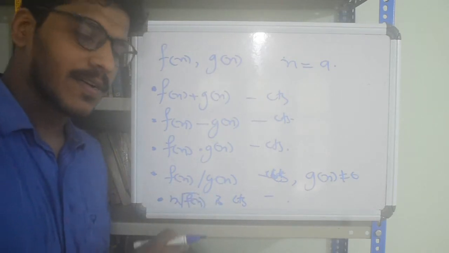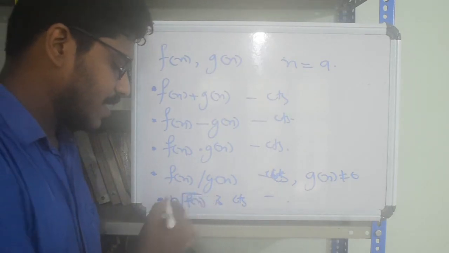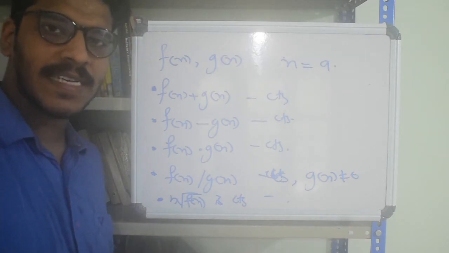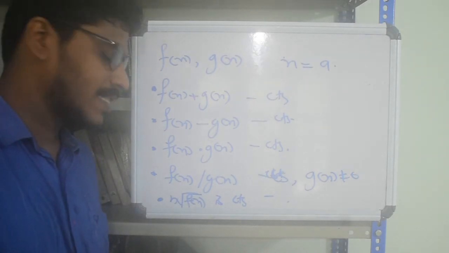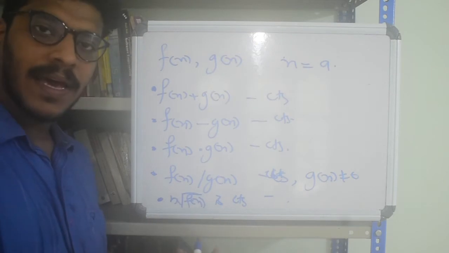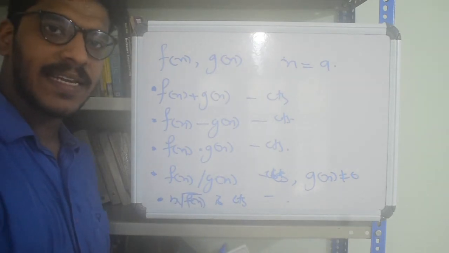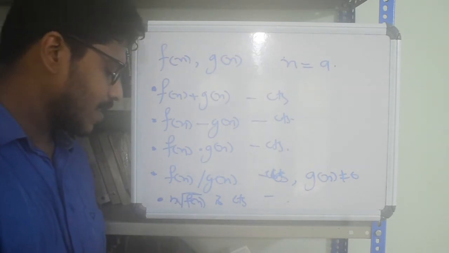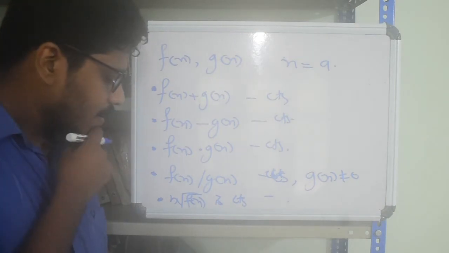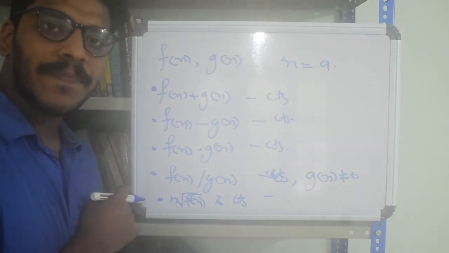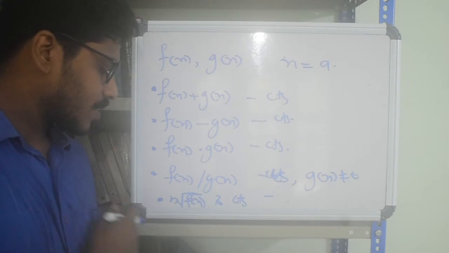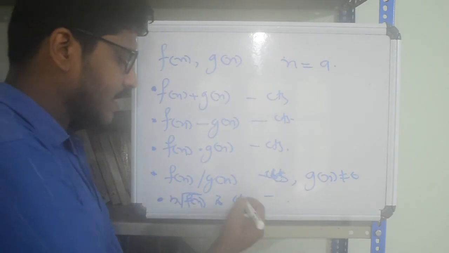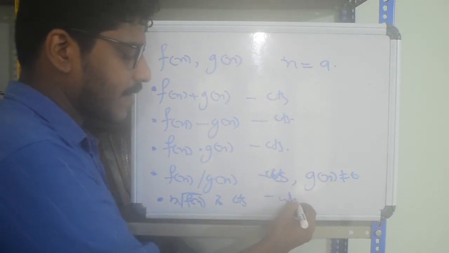See, the root function is somewhat special. It need not be defined everywhere as a real number. We know that what's inside the root determines the value, and we haven't seen any real number which is the root of a negative number, right? So this has to be specially mentioned here: continuous wherever defined.